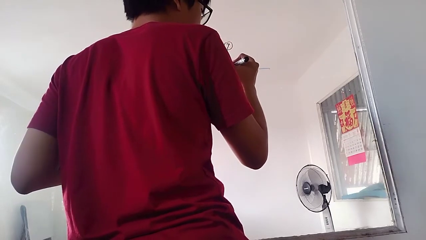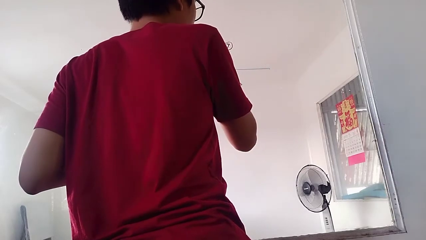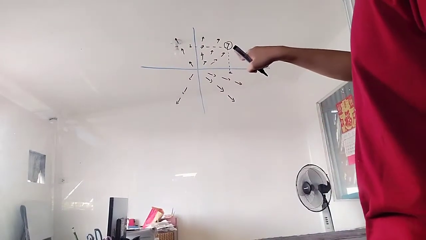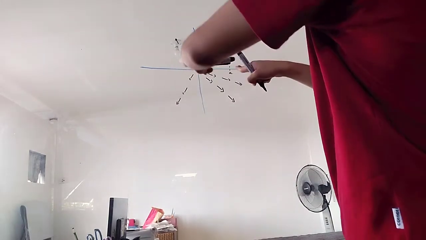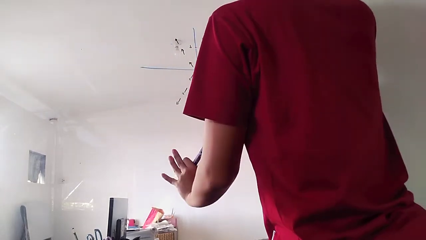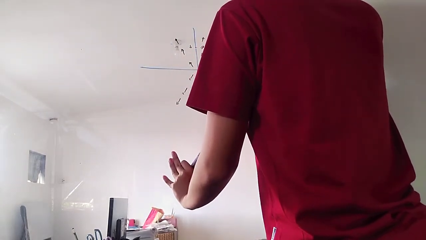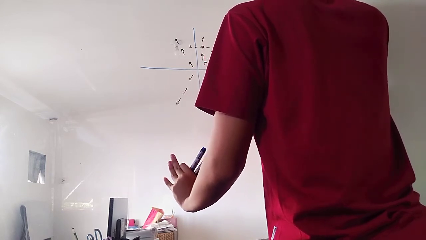I'll call the x value A, and I'll call the y value B. So to find this vector that I'm pointing at, we just need to plug A and B into the equation. Let's say this vector field is generated by F equals Q1, Q2 of x, y.